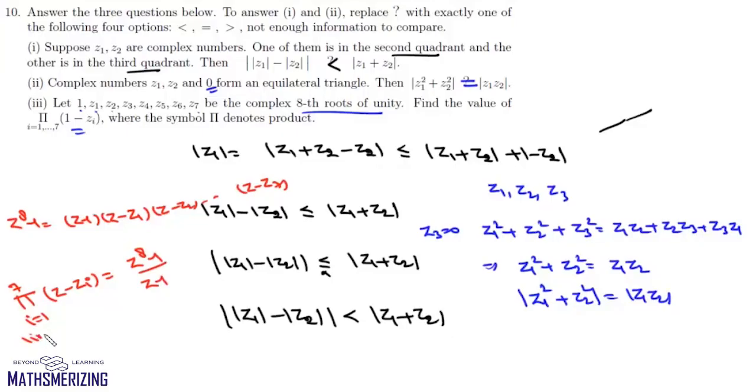Now we'll take this limit z tends to 1. So if we take this limit z tends to 1, it will be this product of 1 minus zi, and this is a standard limit, which is simply 8. So the answer to this question will be simply 8.